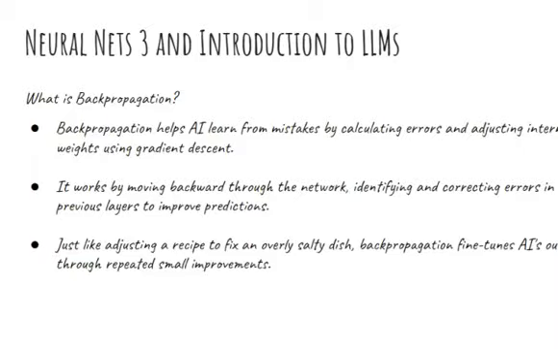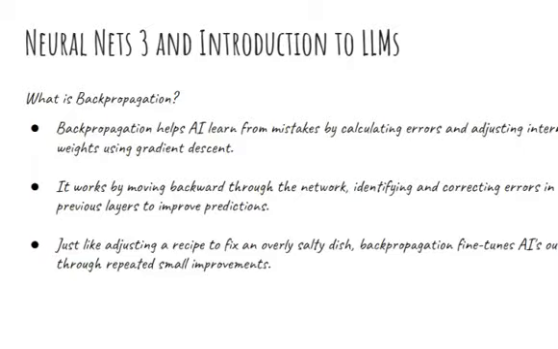Since it's incorrect, the error is calculated, and backpropagation helps adjust the connections in the network to improve the accuracy of the prediction. Backpropagation works by moving backward through the network and identifying which neurons made the mistakes.